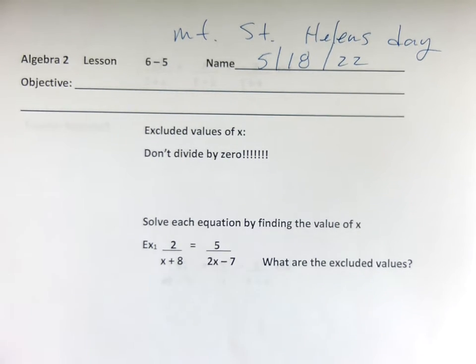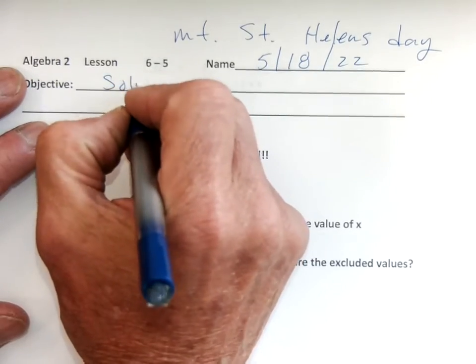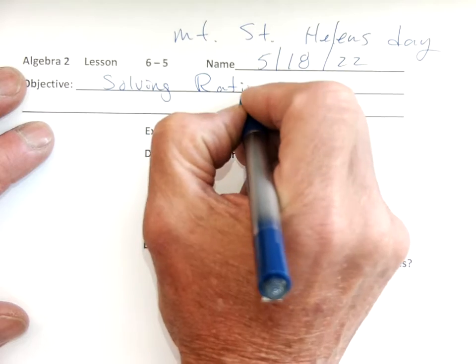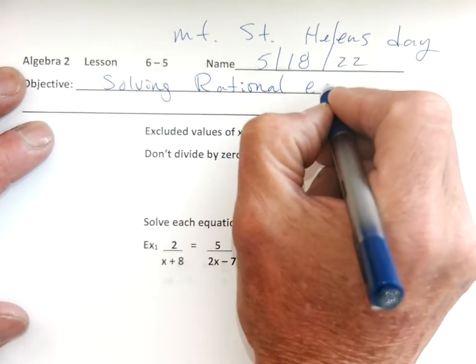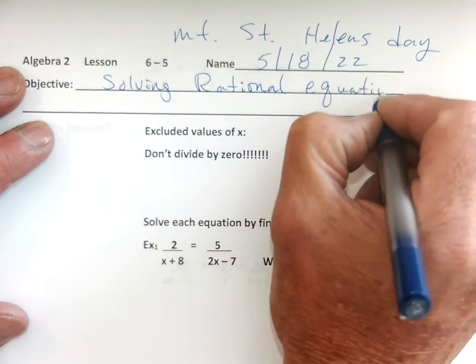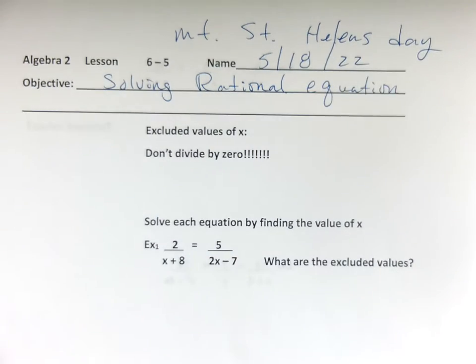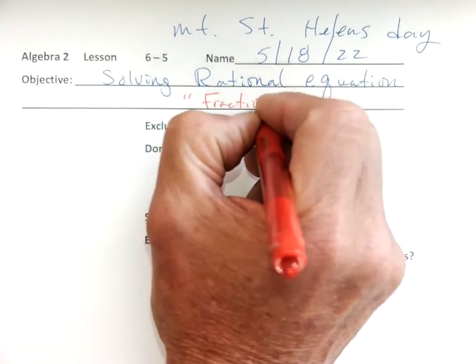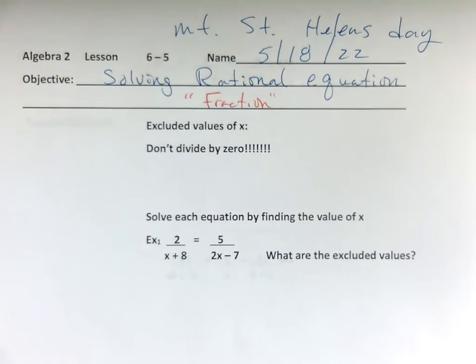Okay, so our objective today is solving rational equations. The word rational is just a fancy word for fraction. You'll see that in your SAT exams, and you'll also see that on your state test.